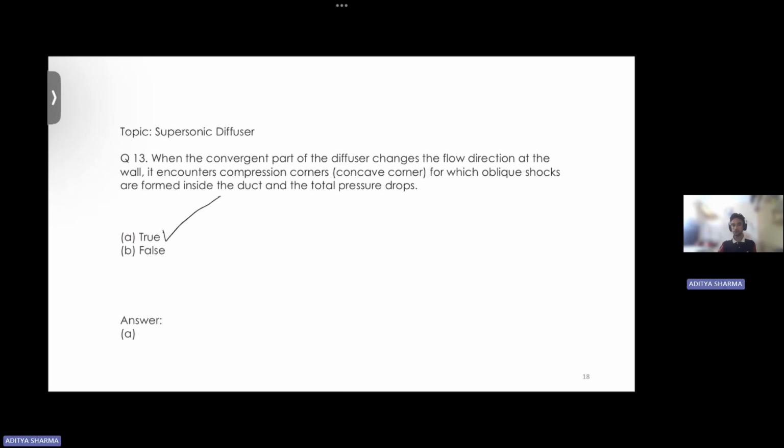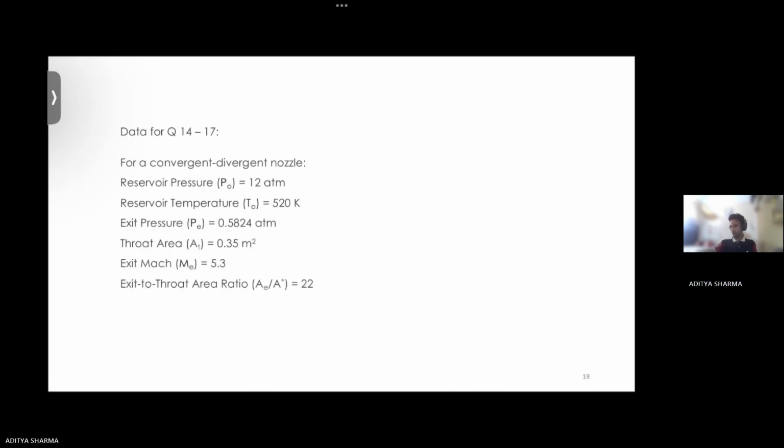All right. So this is about the conceptual questions. Now we will try to solve numerical questions, right?